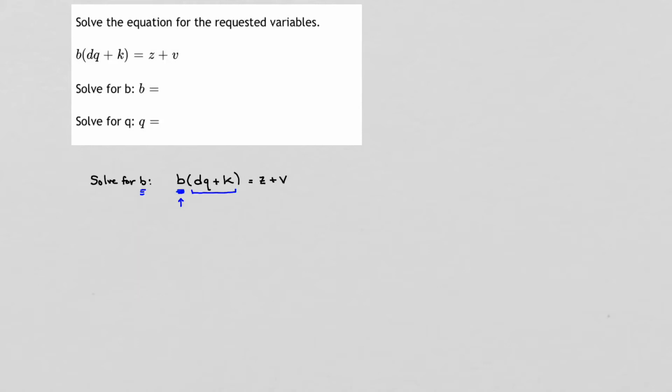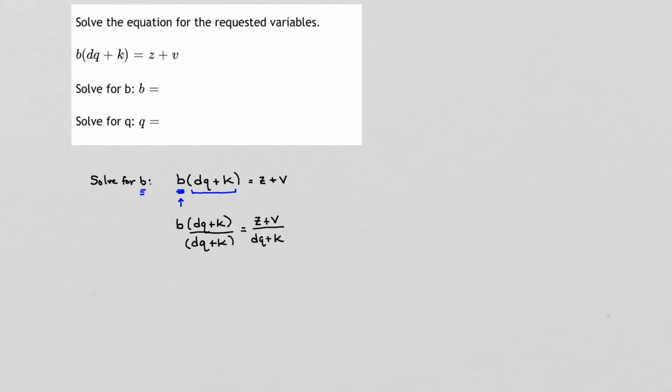dq plus k. So if I take my formula, B times the quantity dq plus k, and divide by dq plus k, that will remove that factor from the left side. But whatever we do to the left side of an equation, we also must do to the right side. Therefore, we must divide the right side by dq plus k.